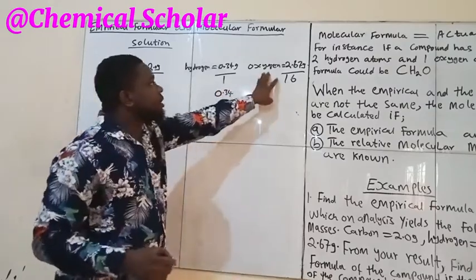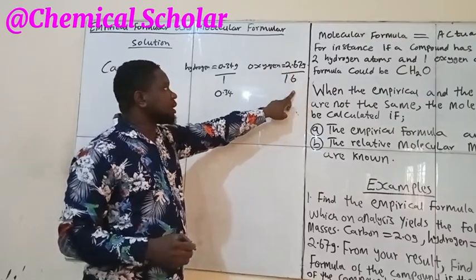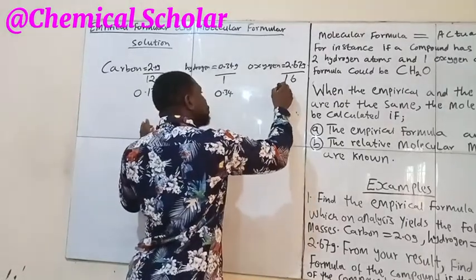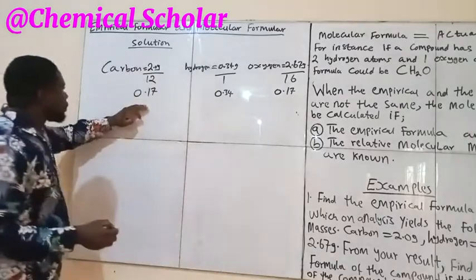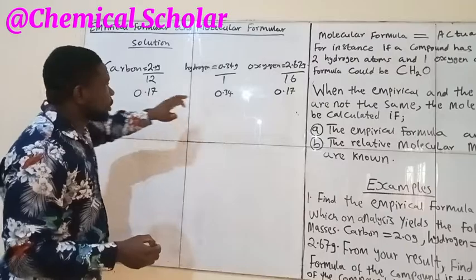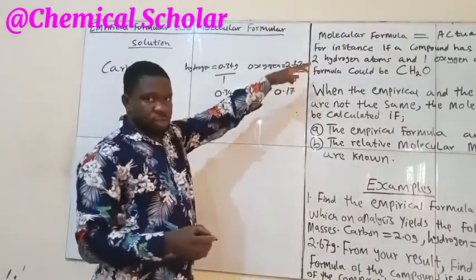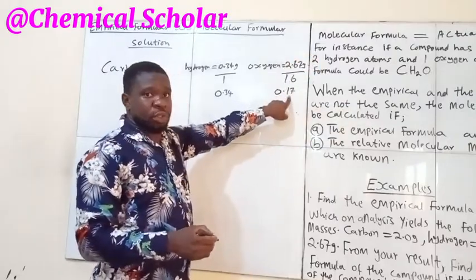Then if we divide this 2.67, which is for oxygen, by 16, it will still give us approximately 0.17. Okay, of course this one will give us 0.1666, but when we approximate it, it gives us 0.17.